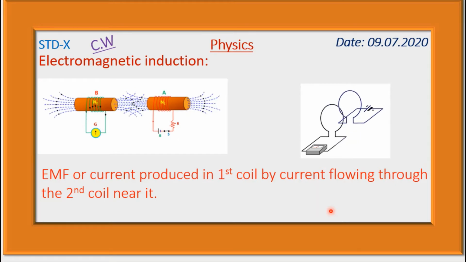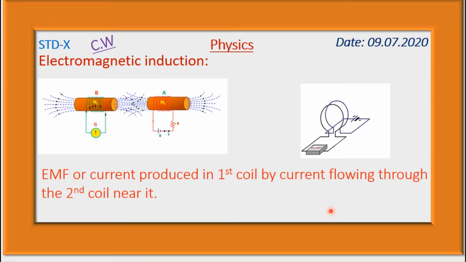From this discussion, we can say if a magnetic field or magnetic flux is changed through the coil, the electromotive force or induced current will be produced. We can change this magnetic field or magnetic flux in many ways: by bringing a bar magnet near to the coil, by taking out the bar magnet from the coil, or by current flowing through another coil near to this coil, or by moving a current carrying coil near to this coil.